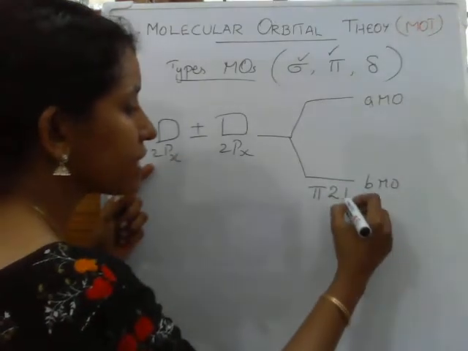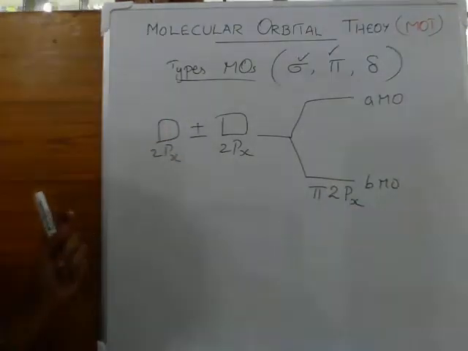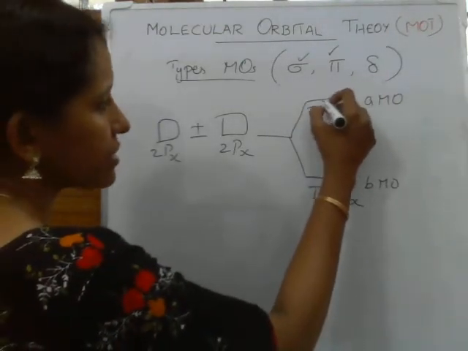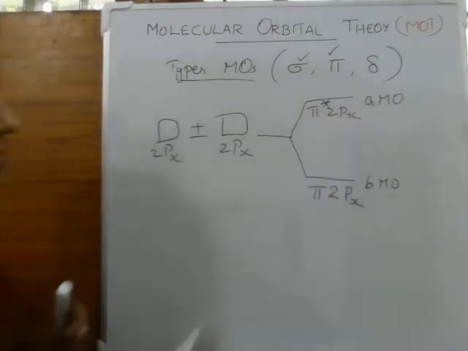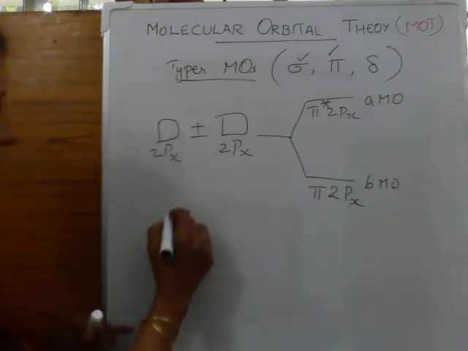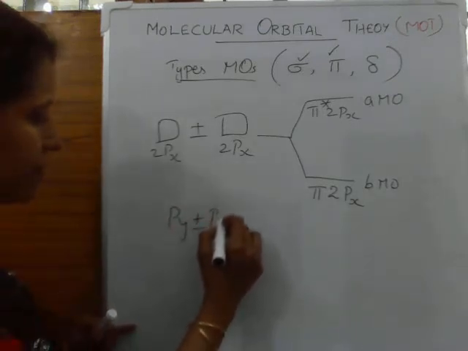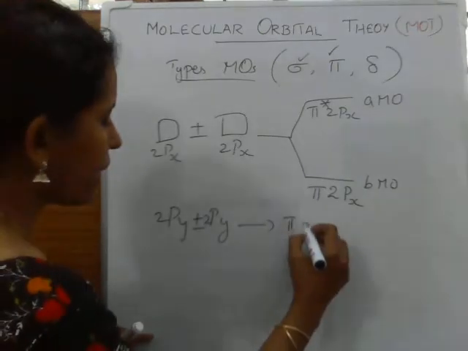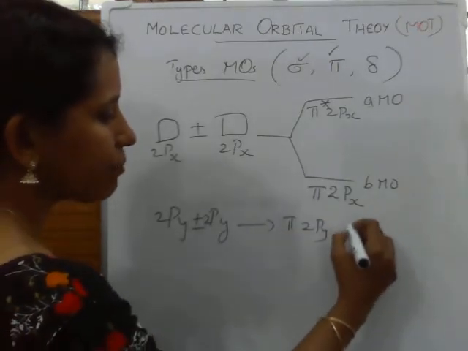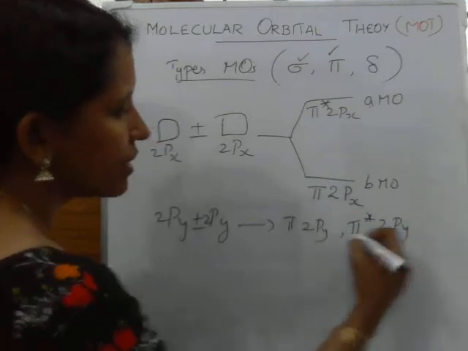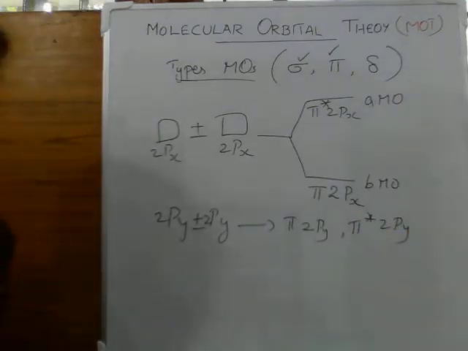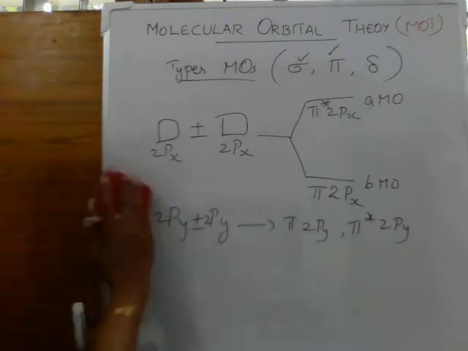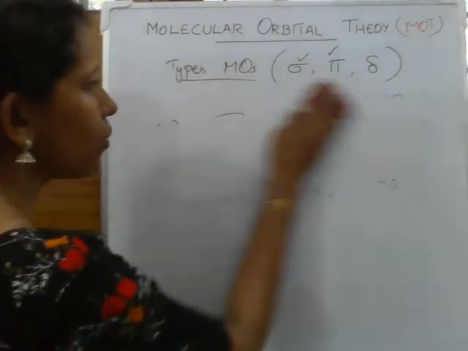So this is represented as pi 2px. This one is pi star 2px. Similarly, the combination of 2py atomic orbitals results in pi 2py and pi star 2py molecular orbitals. Clear, children?